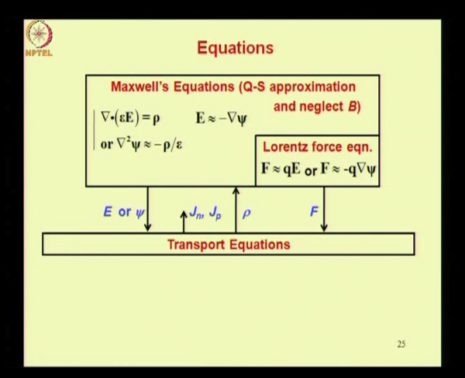Now here is the summary of the equations with these approximations, the quasistatic approximation and neglect of B. E is equal to minus grad psi. This is the approximation of the curl E equal to minus dou B by dou T equation. Then divergence of epsilon E equal to rho, that is the Gauss's law, or del square psi equal to minus rho by epsilon, that is the Poisson's equation.